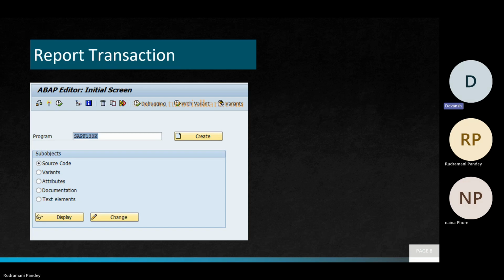Usually in other languages, like Python, you download an app, maybe VS Code, and write your code there. But here we use SE38, and here we write our program, and this program runs. If you see all of this, MM01, MM02, all of these are built with this transaction only, SE38. We build a program and then give it a name.